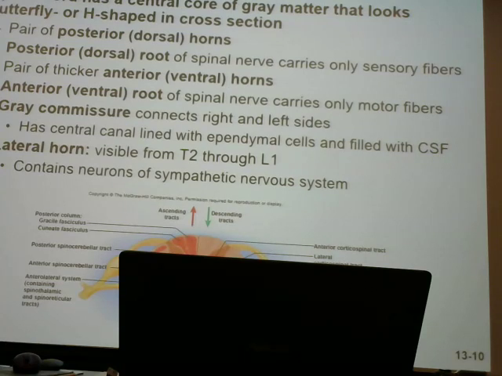That dorsal root carries only sensory fiber. That's letting me know right there information that is now entering on that posterior side of the spinal cord.